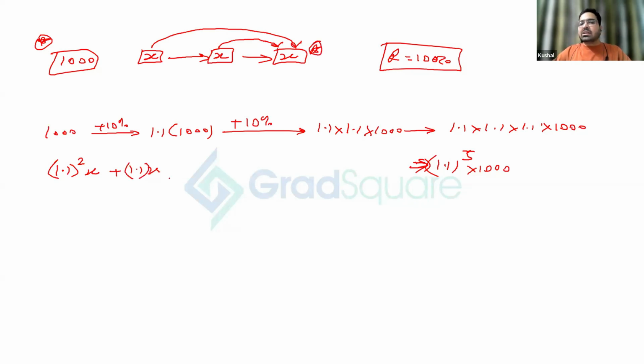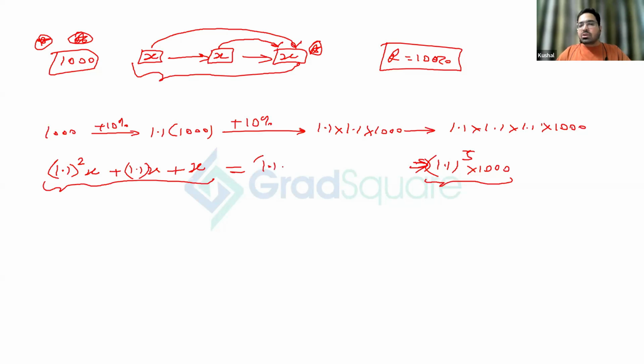This was paid at the end of the third year only, so the value of this x will remain x only. Now, what I am trying to say is that the value of the installments at the end of the third year and the value of the original money at the end of the third year have to be the same. That's the basic concept, right? So this is the value of all the installments by the end of the 3 years. And this is the value of your original money at the end of the 3 years, which is going to be 1.1 whole cube into 1000. This equation has to hold good.